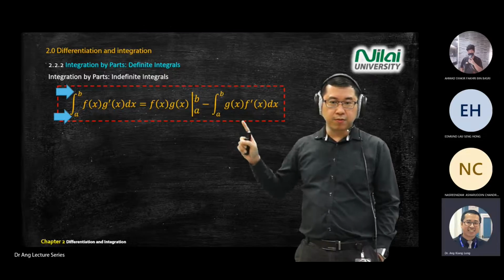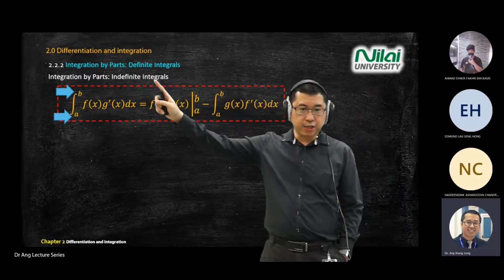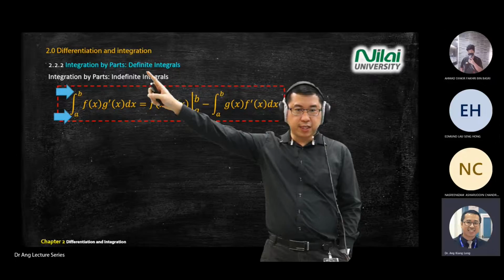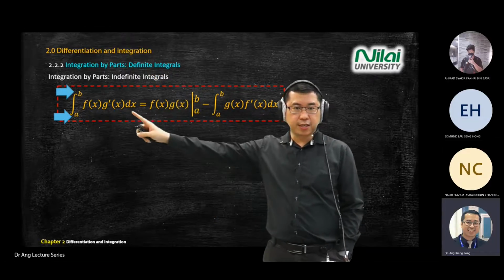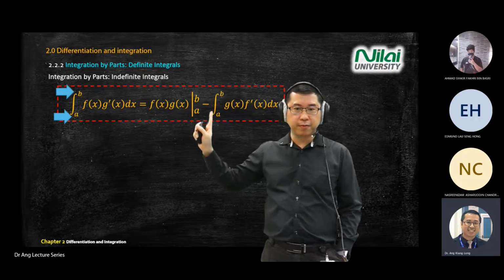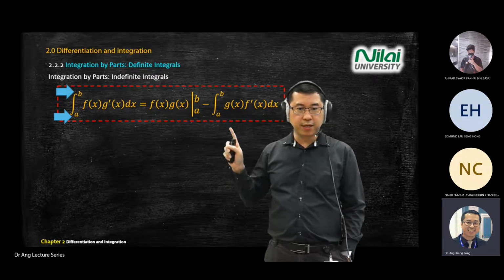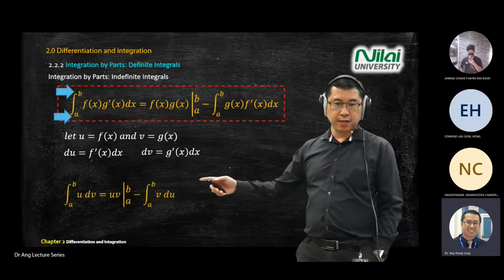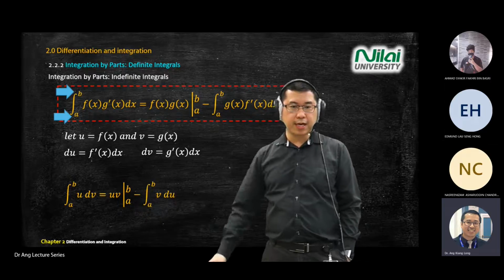This method falls under integration by parts with definite integrals. In the example just now, you don't have the a and b numbers on top and bottom of the integral. So if you see numbers on the integral, you use this one. Same procedure, only you substitute the numbers inside there.